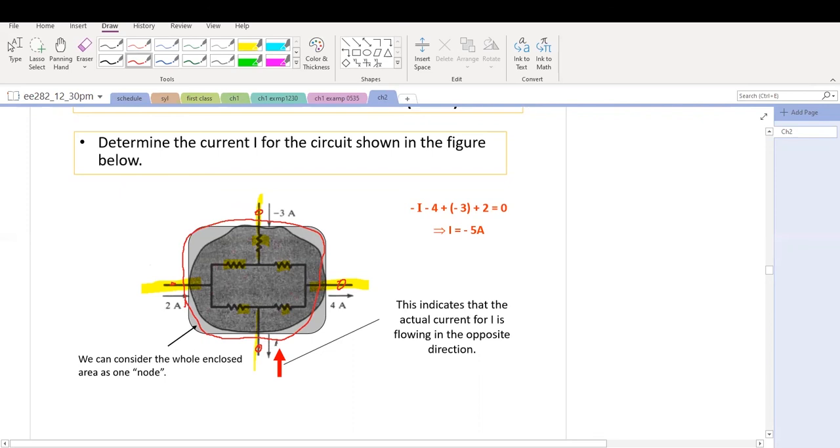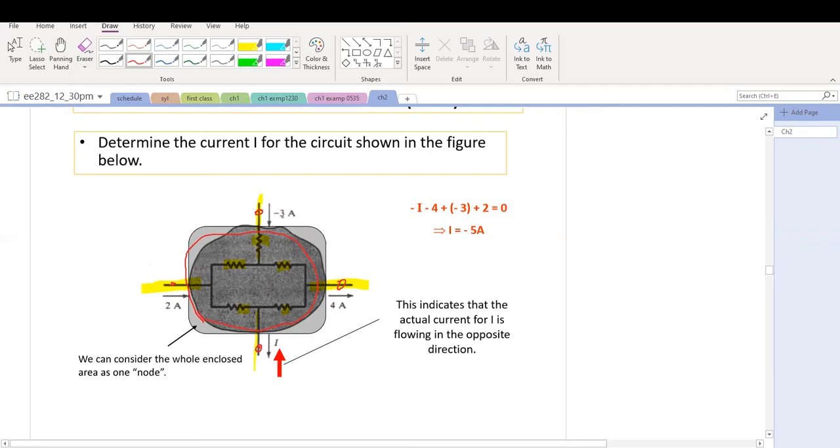This is I. I flows out of the boundary, 4A flows out of the boundary, and minus 3. You can see this is a minus 3.